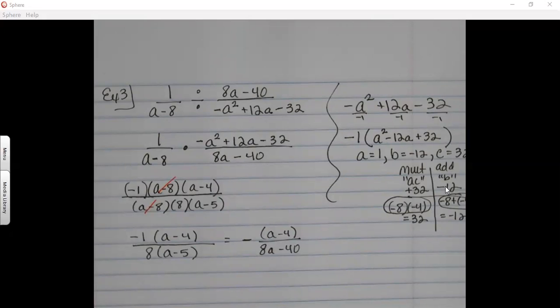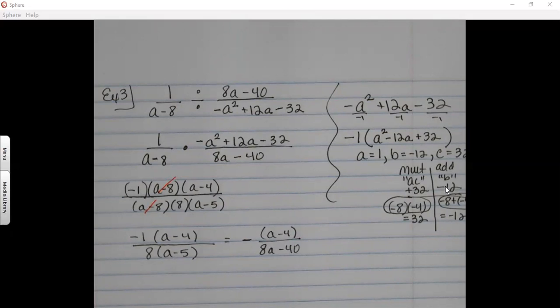The 1? Well, I could have, but I would just have a 1 times whatever. And when you multiply by 1, it doesn't change anything. So you could write it there, but it wouldn't change anything, so I just didn't write it. Like 1 times 5 is just 5, so you know what I mean? So I would have had 1 times a minus 8 times a minus 4 times negative 1, and just negative 1.